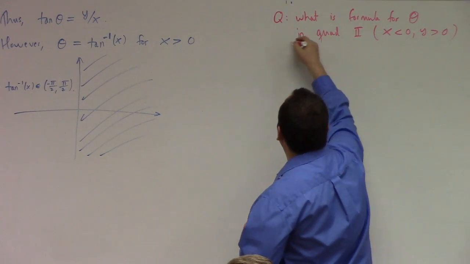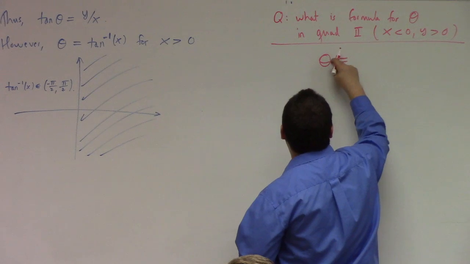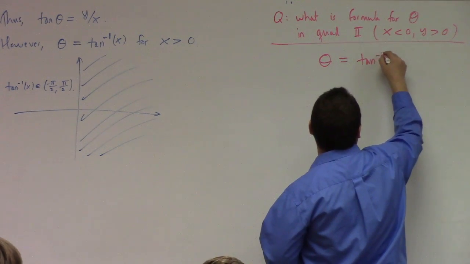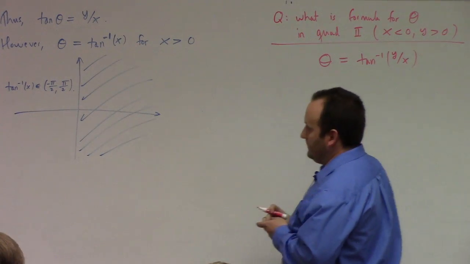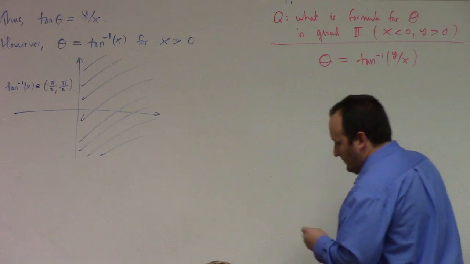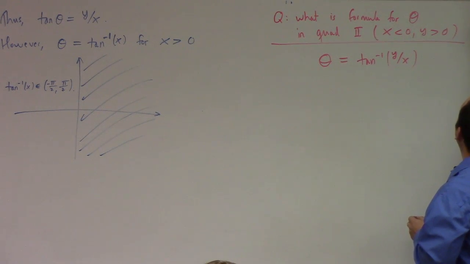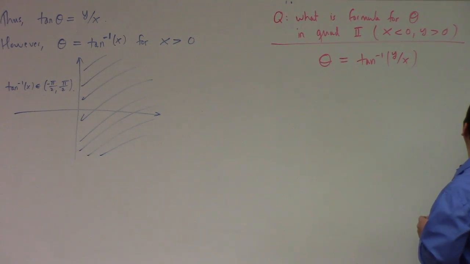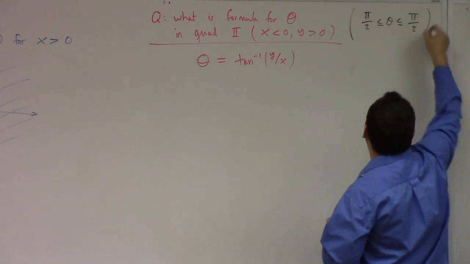So that's my question. Can you guys tell me? I'll start you out: inverse tangent of y over x. What should the target range of theta be? Well, I suppose pi over 2 less than theta less than pi would be possible here. Quadrant 2, right?